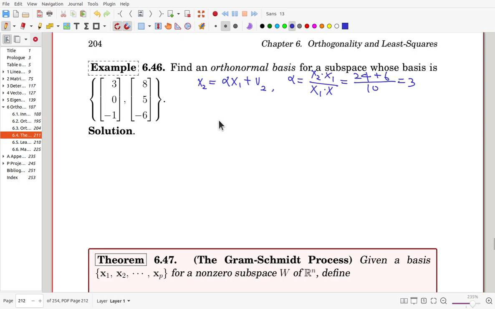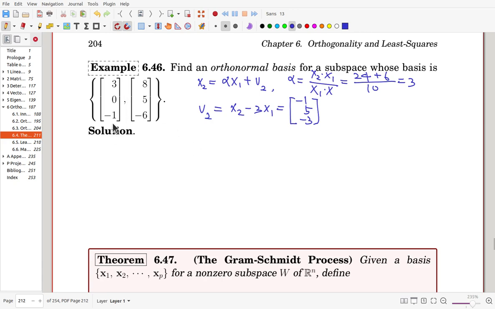Okay, so here v2 must be x2 minus 3x1. Okay, x2 minus 3 times that one. For the first entry, that will be minus 1, the same as 5 minus 3 times that one, plus 3, and that must be minus 3.